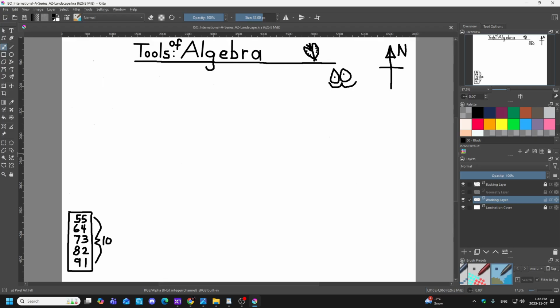Cubed, when we hear 3 cubed, this means y to the x, or you could write y to the n. Whichever variable you use is your decision.